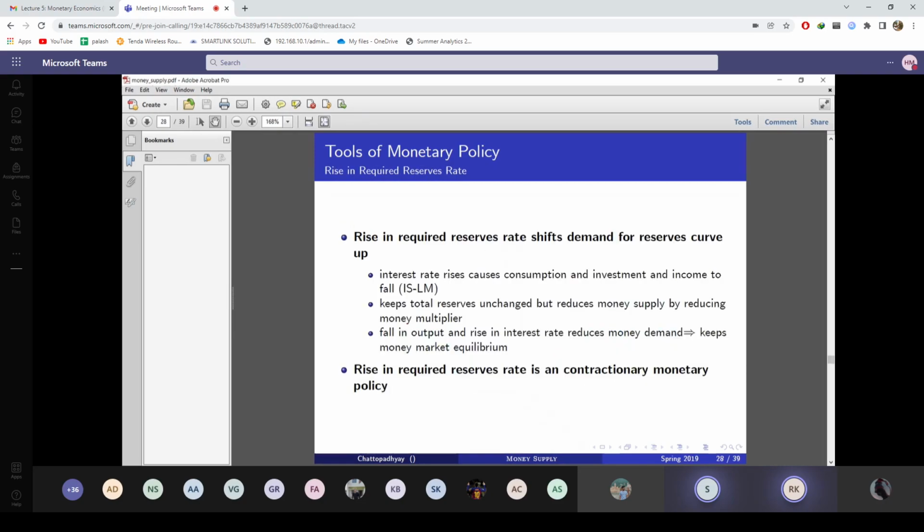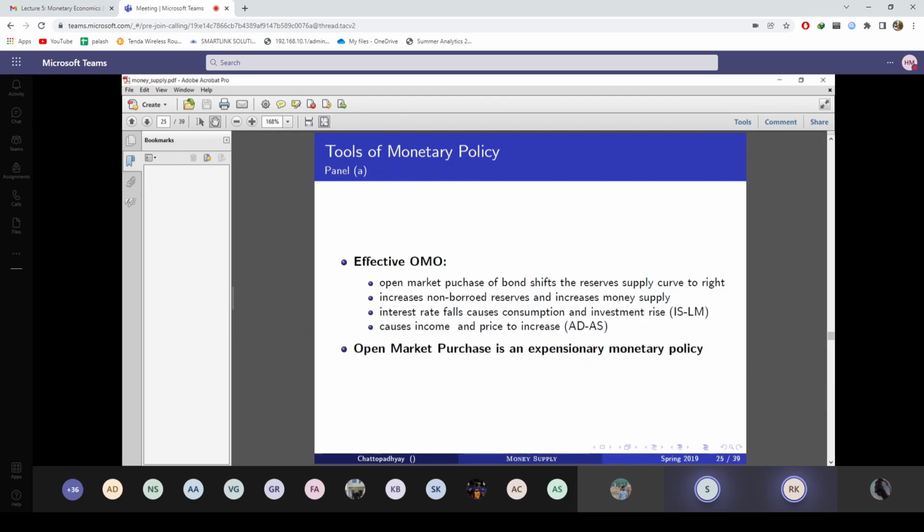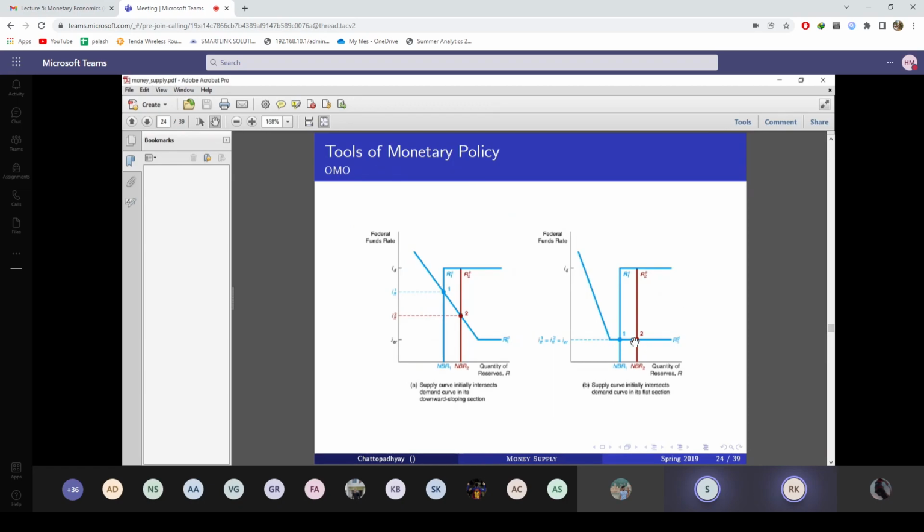Just like over here, you see it is completely the opposite. Open market operation is ineffective when my interest rate is at the floor. Here I keep on purchasing bonds from the market. It increases my monetary base by increasing reserves. High powered money rises, money supply rises, but interest rate does not change.